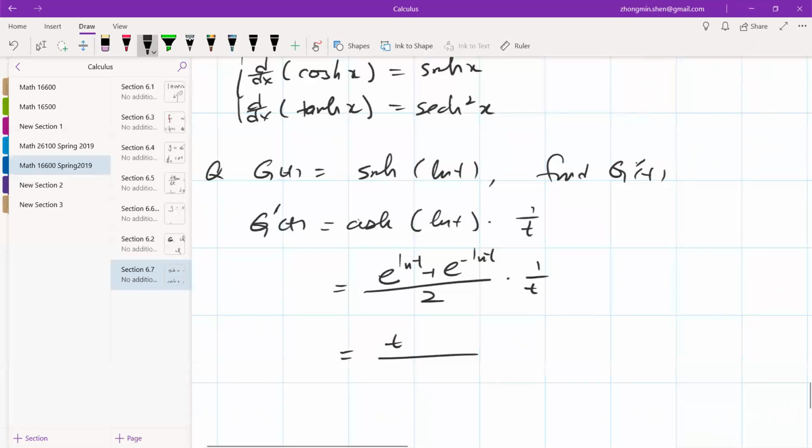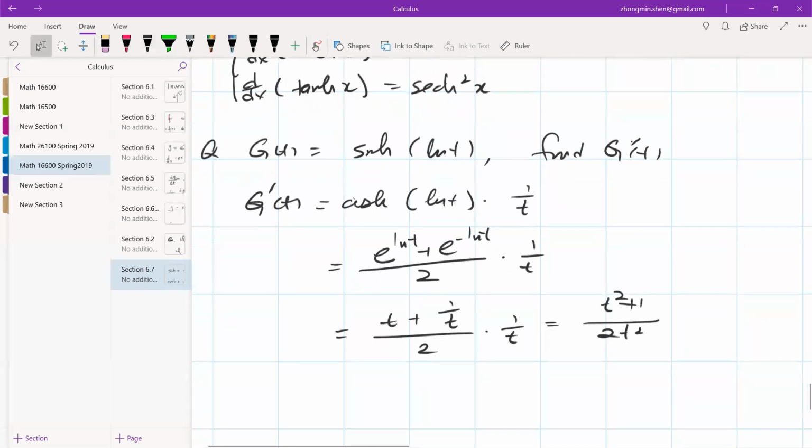The second term will be 1 over t, since e to the natural log of t to the negative 1 is 1 over t.